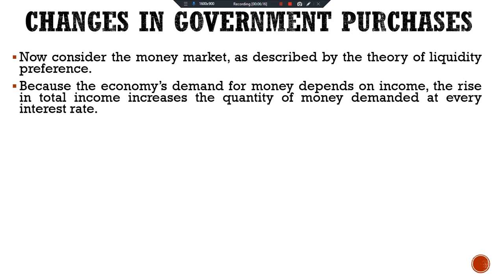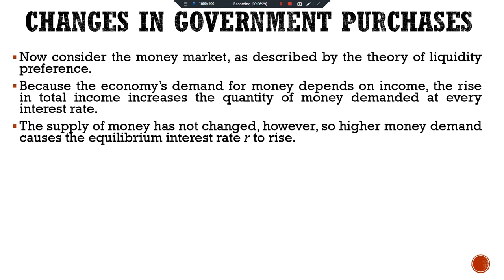Because the economy's demand for money depends on income, the rise in total income increases the quantity of money demanded at every interest rate. The supply of money has not changed. So higher money demand causes the equilibrium interest rate R to rise from R1 to R2, as we have discussed in our graphical presentation.